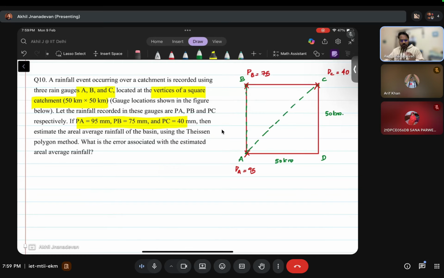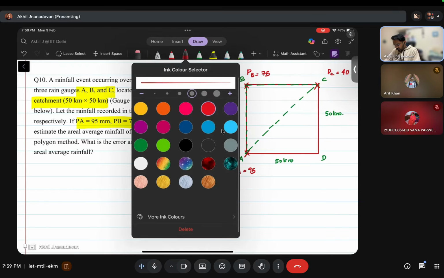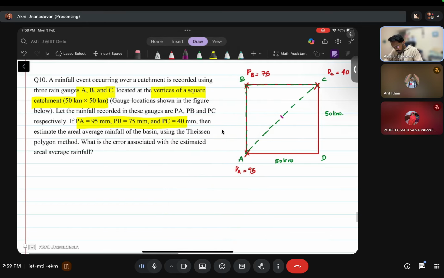Once we join the rain gauges using straight lines, the next step is to mark the perpendicular bisectors of these lines which we just drew. A perpendicular bisector means it passes through the midpoint and makes a 90-degree angle, right?